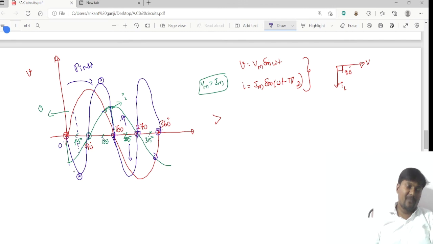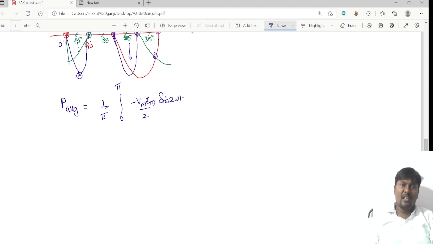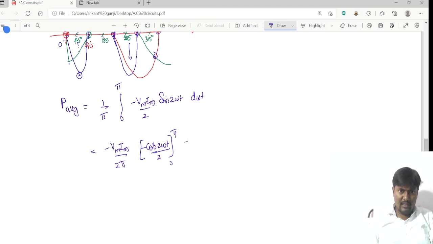And average power is equal to 1 by pi, integration of 0 to pi, minus Vmax Imax by 2 sin 2 omega t d omega t, which is minus Vmax Imax by 2 pi, integration of sin, which is minus cos 2 omega t by 2, from 0 to pi.